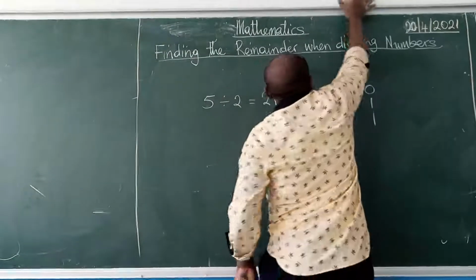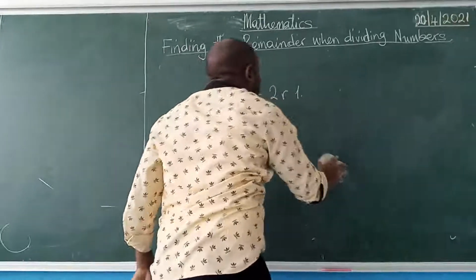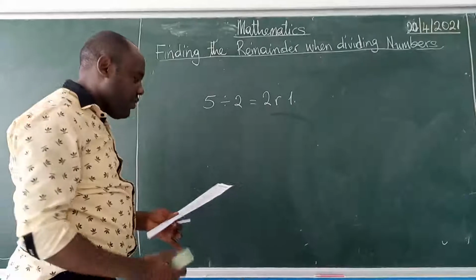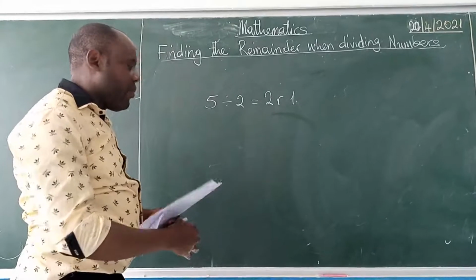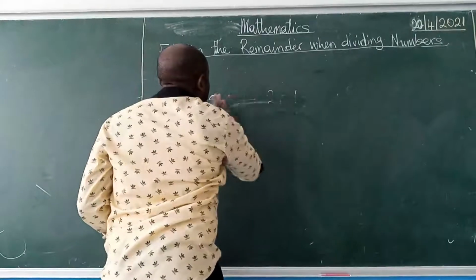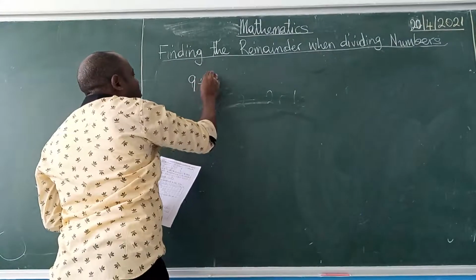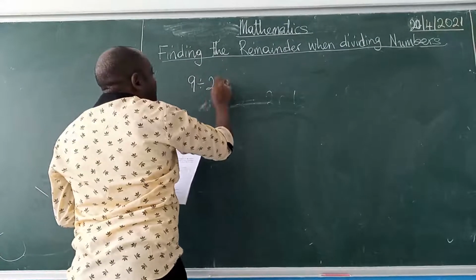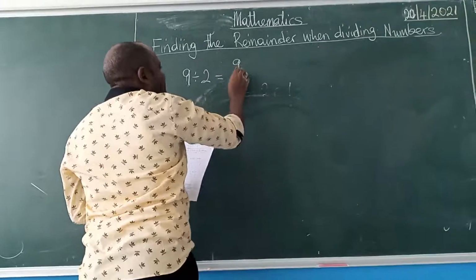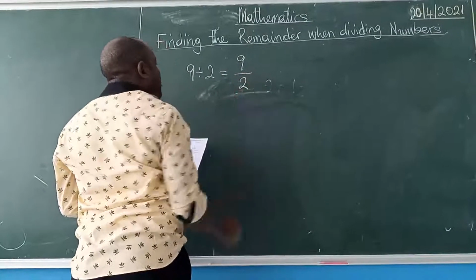So, like I said, let's assume that is the first example. So, example 1. Now, we have that 9 divided by 2 can still be written as 9 over 2. It is the same thing.